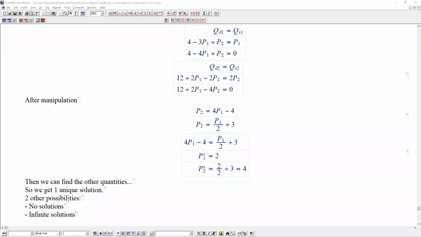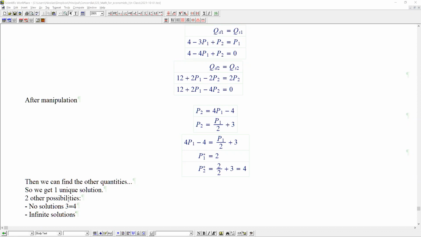So no solution is when you get something like a contradiction. You get something like 3 equals 4, for instance, or 1 equals 0. So then you know that you're trying to solve something that doesn't have a solution. And yeah, you get essentially parallel lines and infinite solutions.